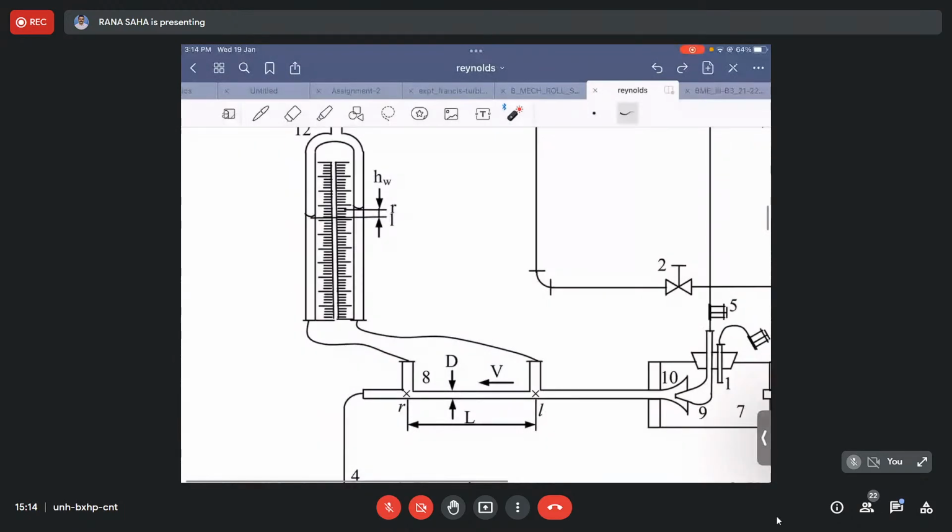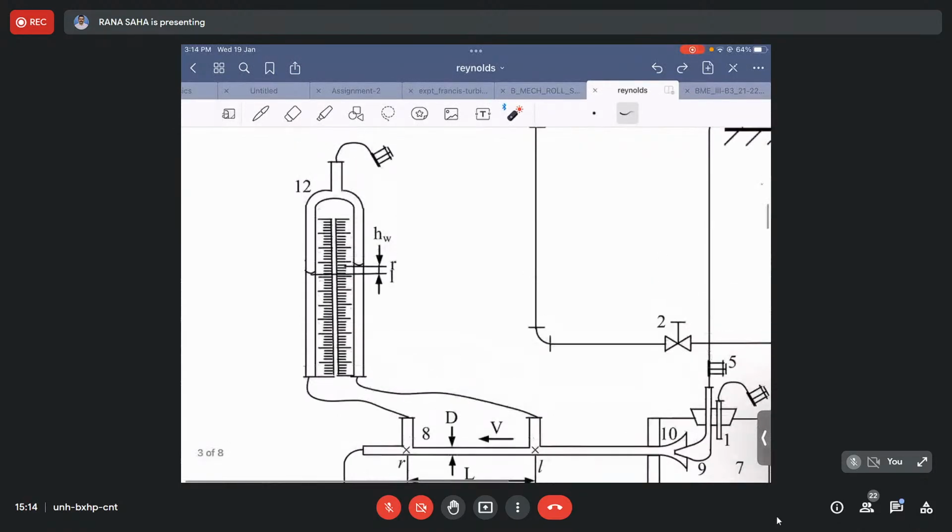These two tappings are connected by means of a flexible tube to a device here. This is another measurement device which is not listed in that particular apparatus because it is part of the Reynolds apparatus. This is basically a glass U tube, mounted inverted, and the two limbs of this U have scales fitted with them.